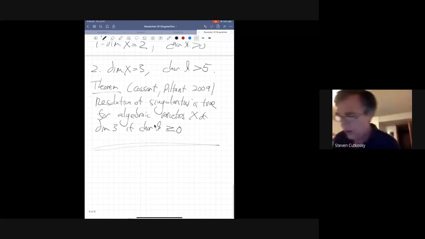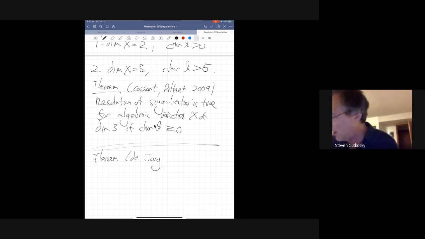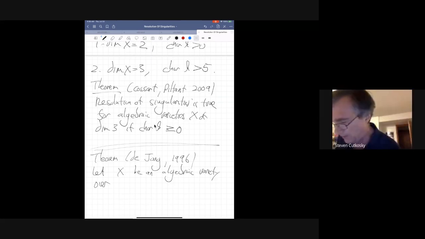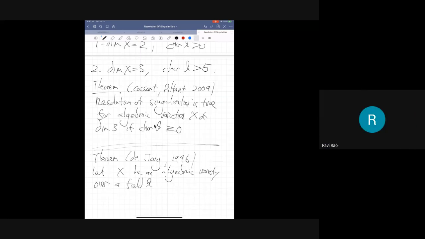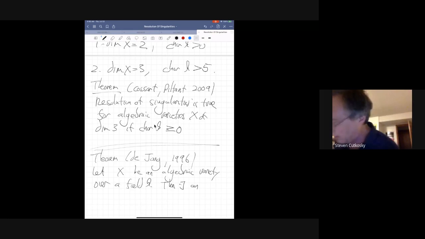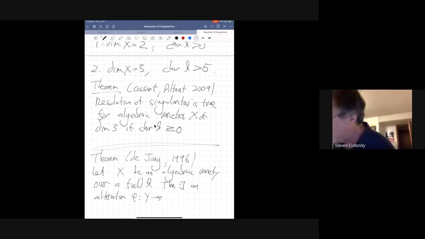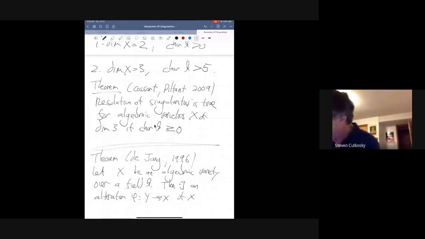Okay, but you see, it's kind of disappointing in a way that after all this work and time we've only improved things slightly. There's another theorem, which is in fact of tremendous use in algebraic geometry, by de Jong, which appeared in 1996, which says: let X be an algebraic variety over a field K, then there exists an alteration phi from Y to X of X. So what is that?